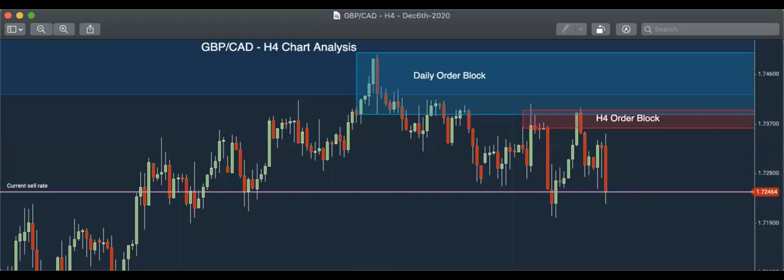Pound CAD. This is the H4 time frame. So here, as you can see, we have up weekly.